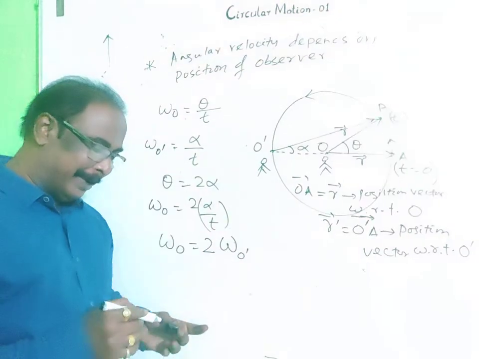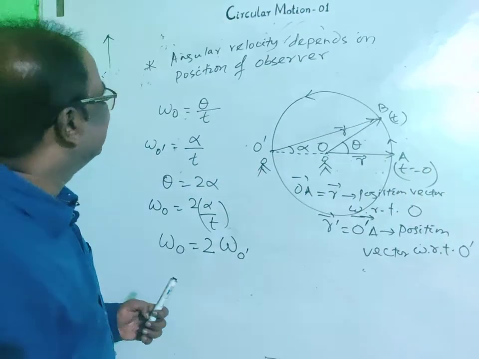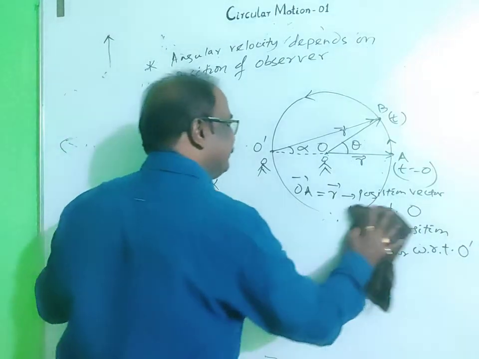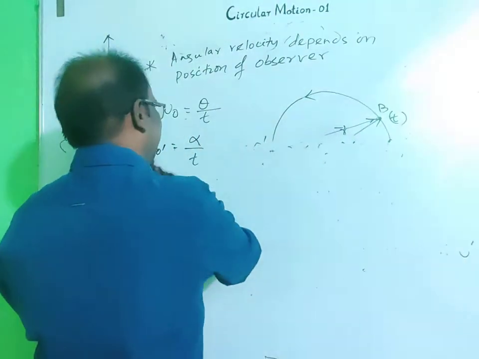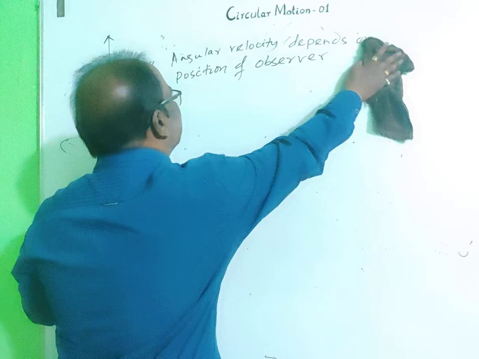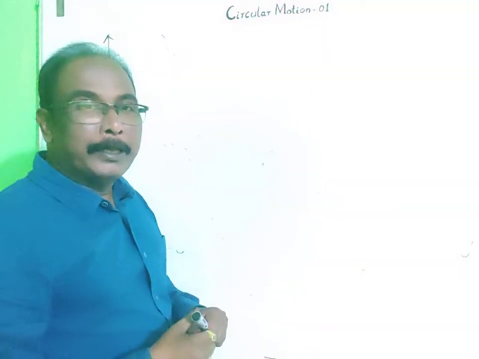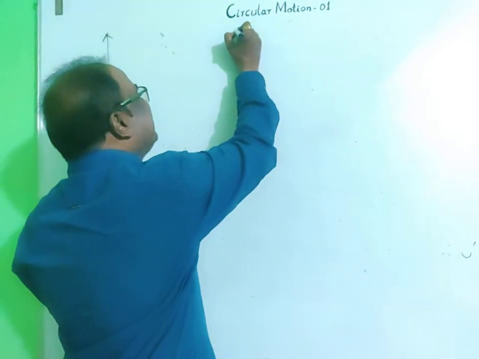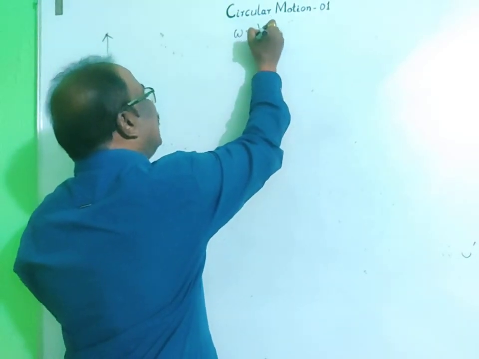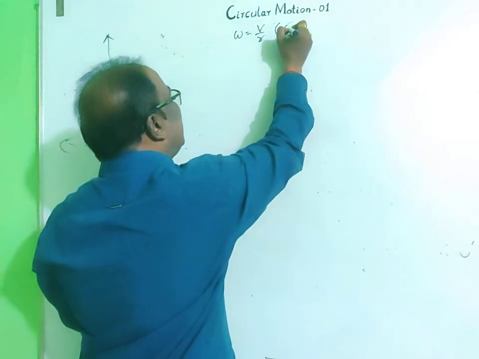Okay, fine. The next point. As we have discussed, only in circular motion angular velocity is equal to v by r.